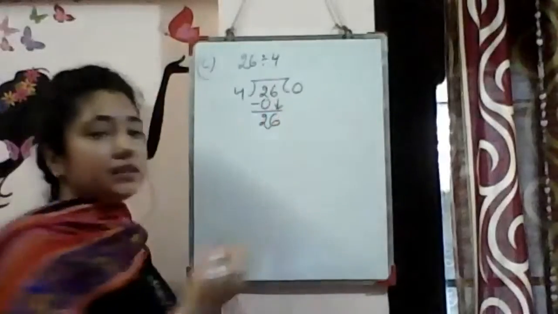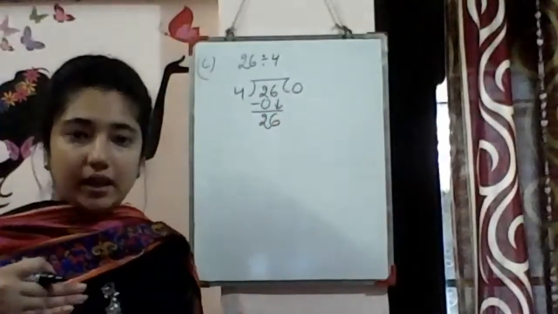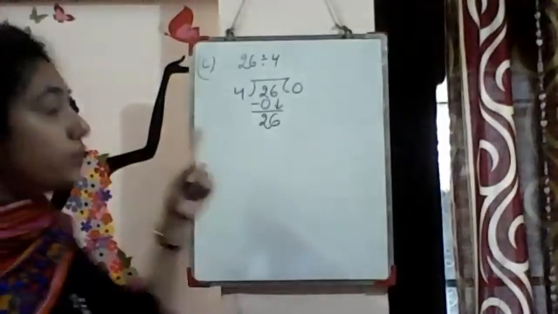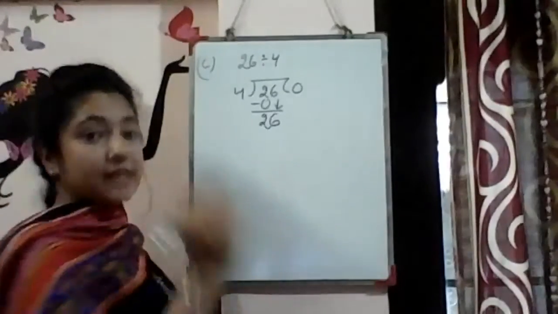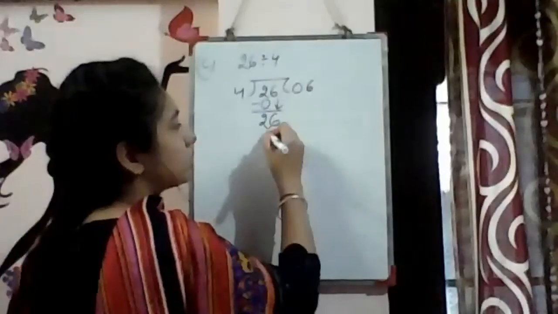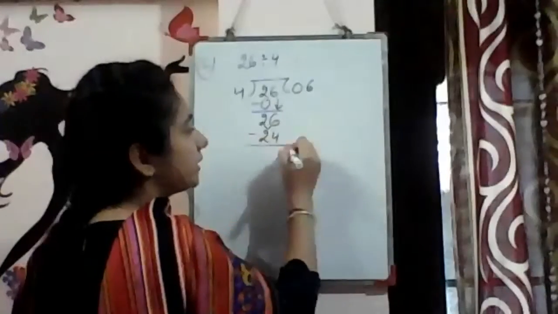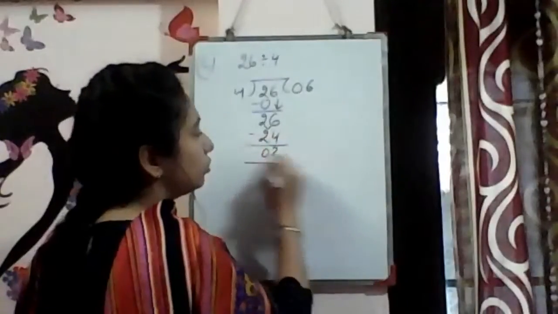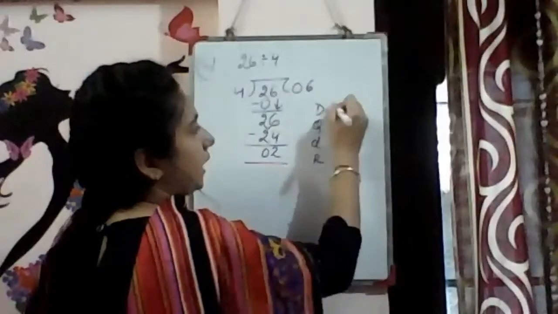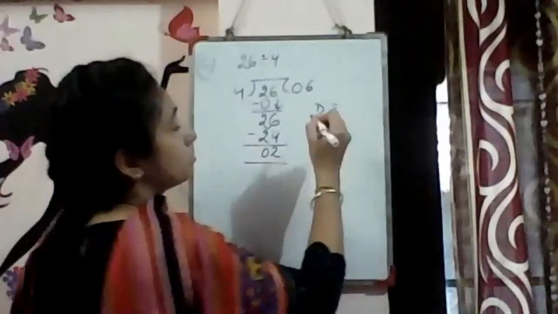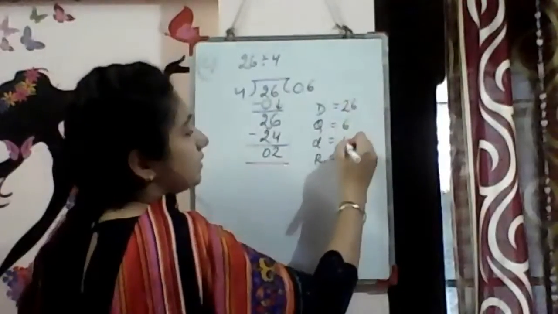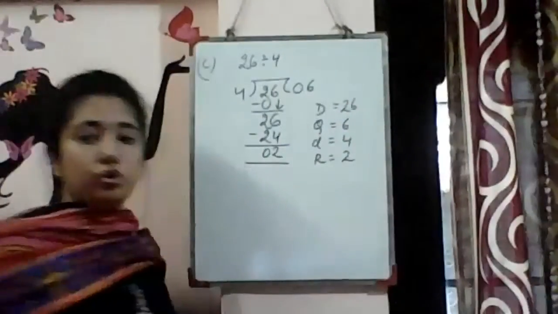And we will recall the table of 4 in our mind. 6 fours are 24 and 7 fours are 28. 28 is bigger. So 6 fours are 24 and 26 minus 24 is 2. Simple. Dividend is 26, divisor is 4, quotient is 6, remainder is 2.